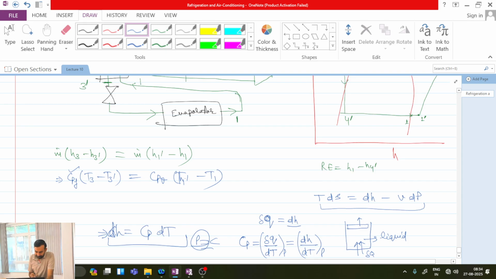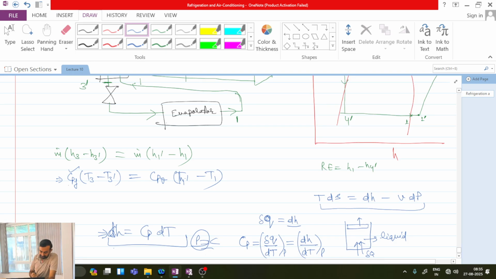So Cpf into T3 minus T3 dash, and remember this point. So this I can apply only when pressure is constant. Okay, so that you have to remember basically. And even in case of your gases, you can even restrict this condition, because for gases, enthalpy is only a function of temperature.